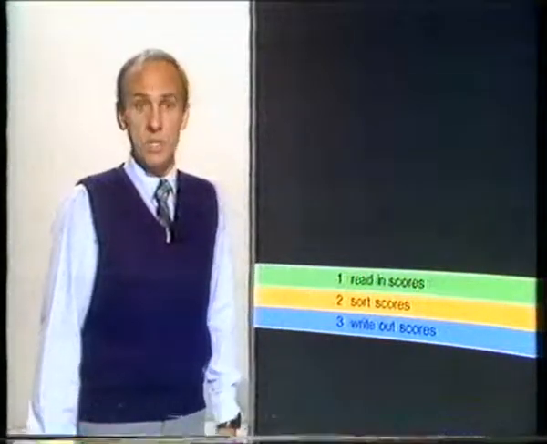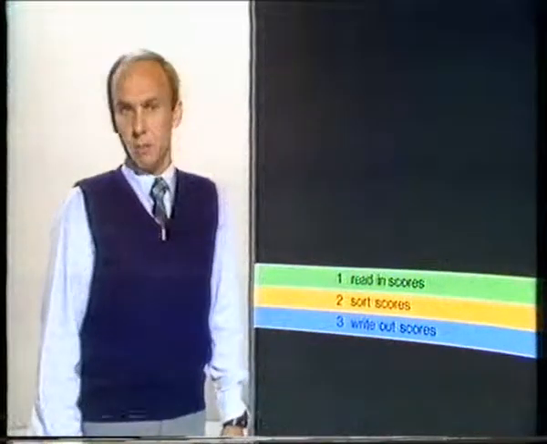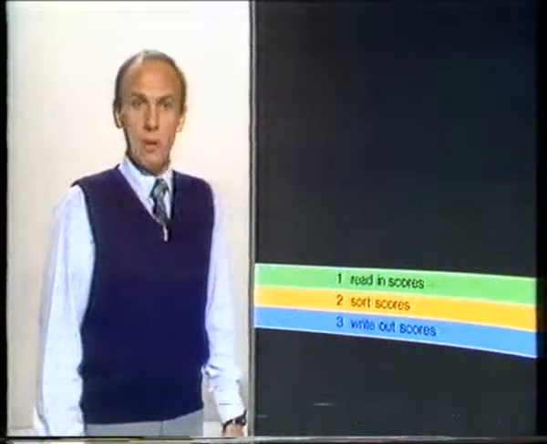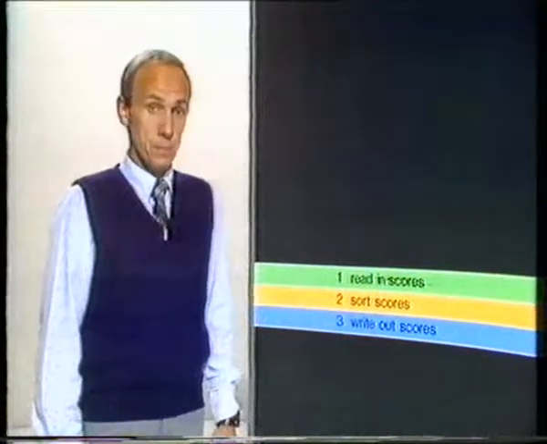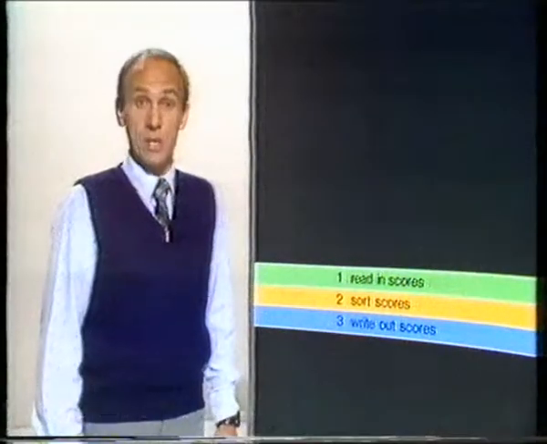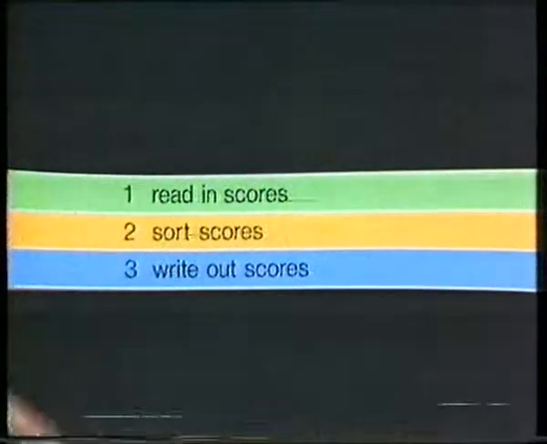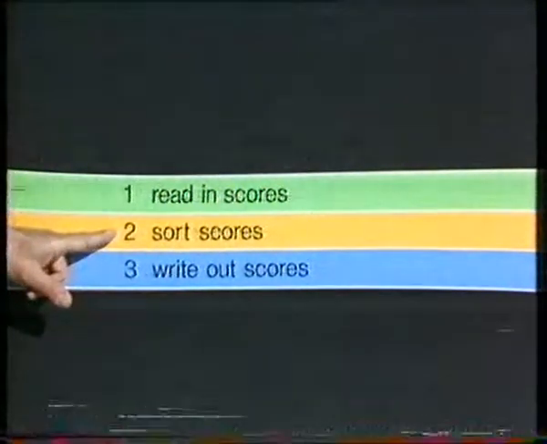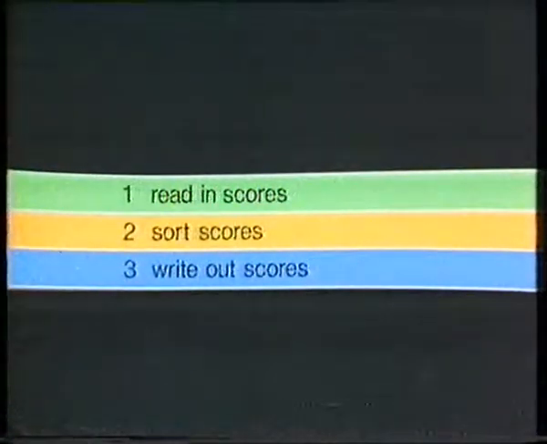In the top-down design procedure, we take each of these 3 steps and refine them in stages. The refinements lead to what we call a design of the solution to our problem. That design must then be translated into our programming language, Pascal. In this program, we're only going to refine the middle section of the design, and we'll take this part of the design all the way to the Pascal statements.